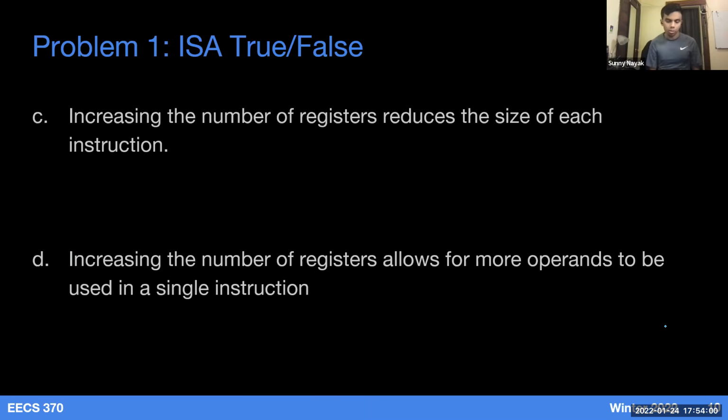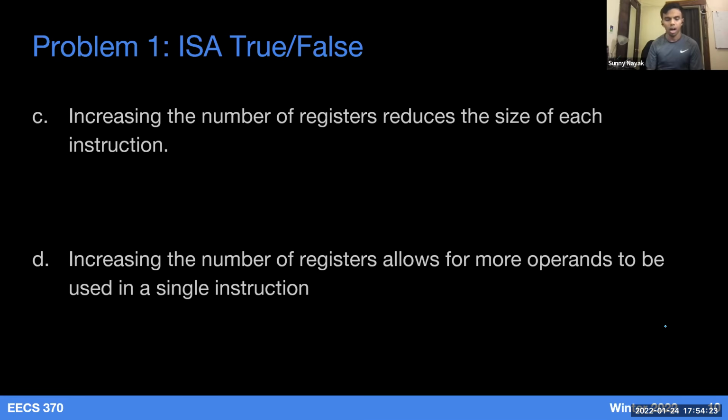All right. So this part C asks, increasing the number of registers reduces the size of each instruction. Let's talk about this. This goes back to what I was just mentioning, which is that if we were to increase the number of registers, let's think about all the implications that would have.